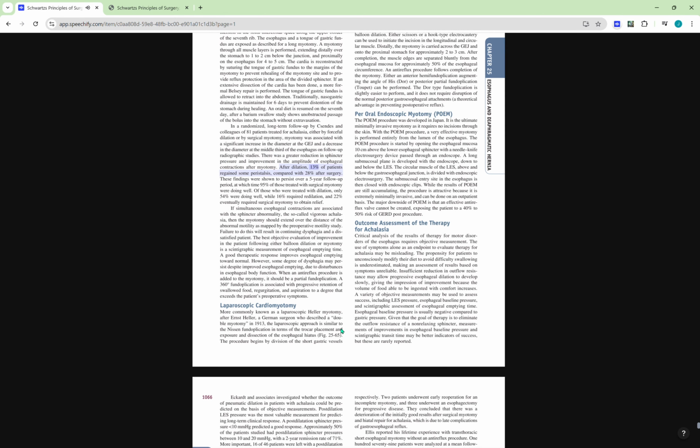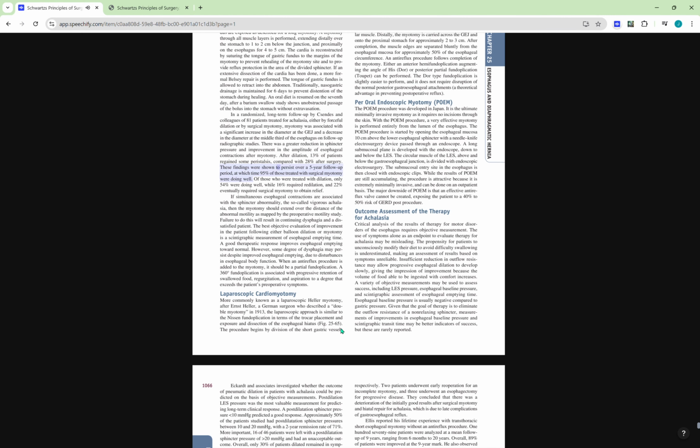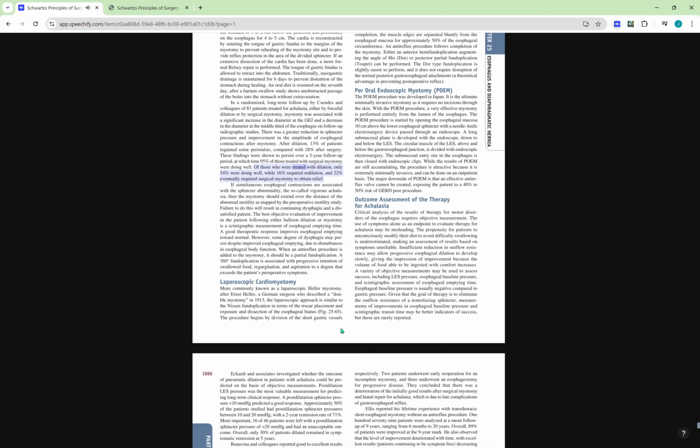After dilation, 13% of patients regained some peristalsis, compared with 28% after surgery. These findings were shown to persist over a year follow-up period, at which time of those treated with surgical myotomy were doing well. Of those who were treated with dilation, only 54% were doing well, while 16% required redilation and 22% eventually required surgical myotomy to obtain relief.